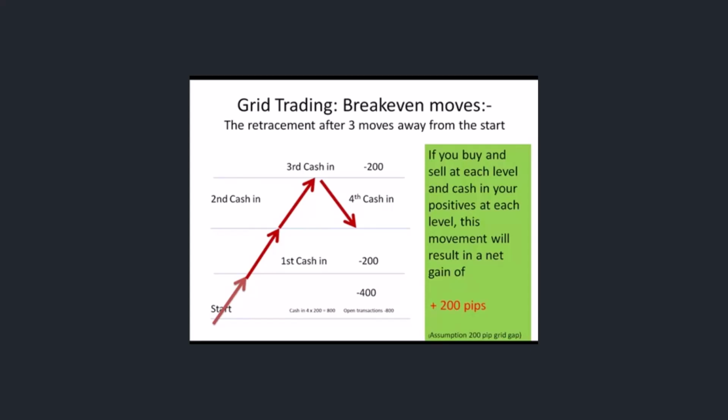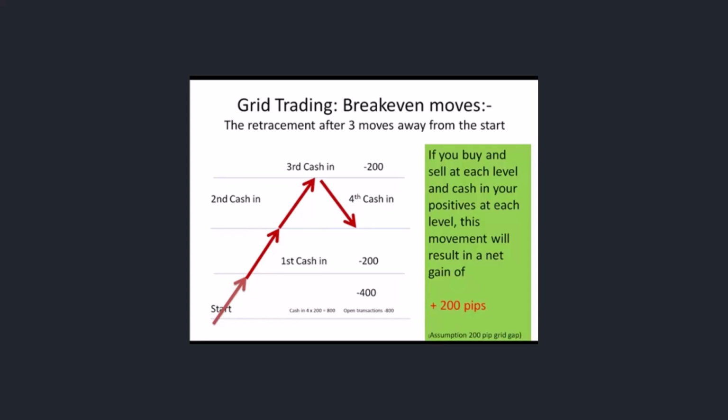Now, the break-even move assumes that the price moves three levels away from your start. So it goes 1, 2, 3 levels away, and then does a retracement after the third level to the second level, in fact. So what you would have here is a cash-in of 1, 2, 3, 4. So you have 4 cash-ins. 4 times 200 is 800 pips.